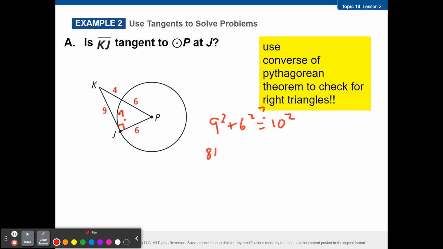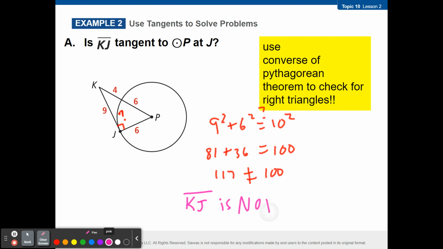So we have 81 plus 36 equals 100. Does 81 and 36 add to 100? No. I got 117. Since these are not equal, we do not have a right triangle. So in this case, KJ is not tangent.